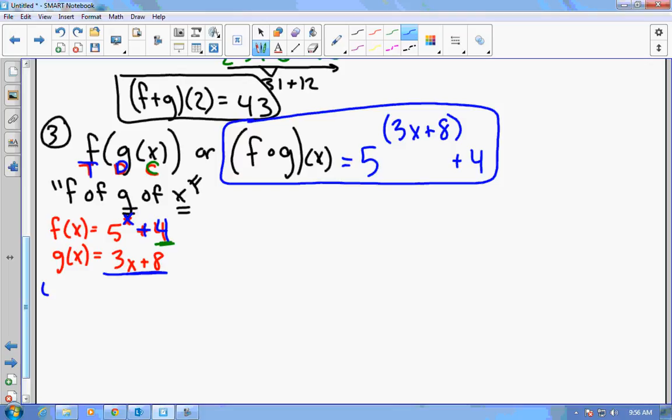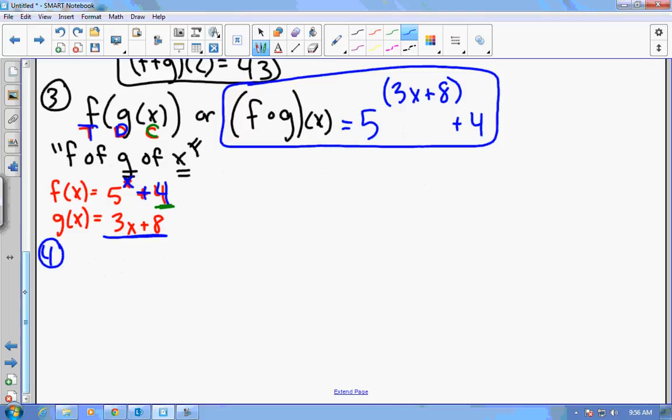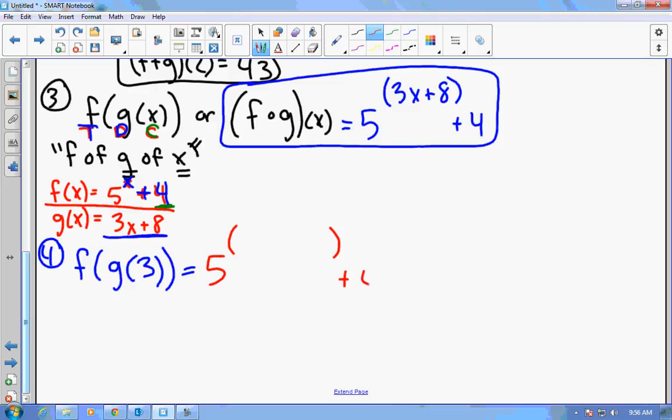So if I want to evaluate f of g of, let's put in 3, same f and g functions, start on the outside. Duncan, who's the turkey? The turkey was f. So I'm going to write 5 parentheses plus 4.